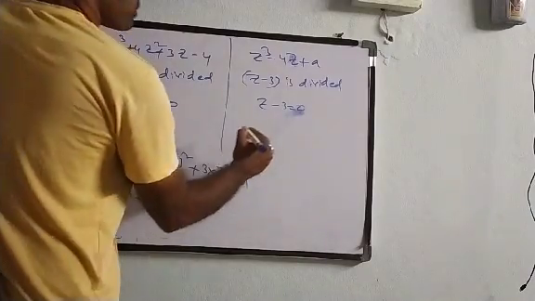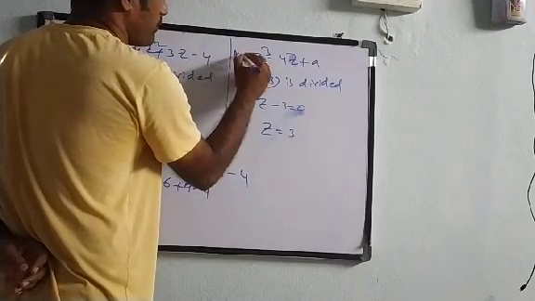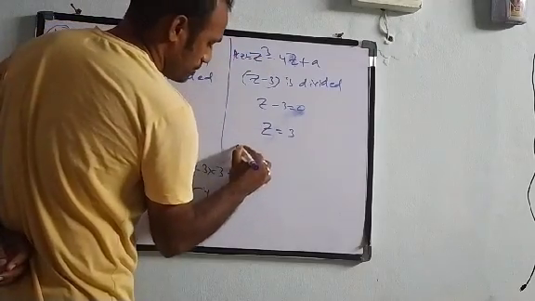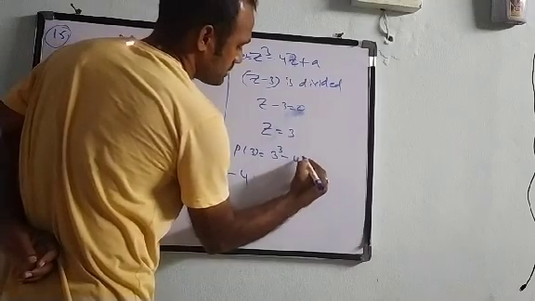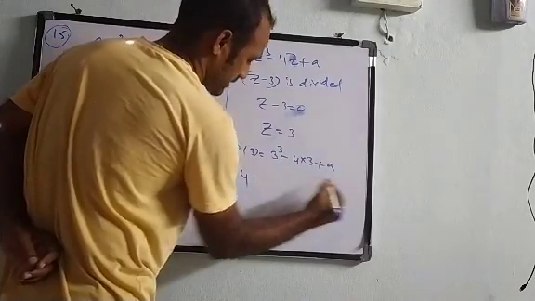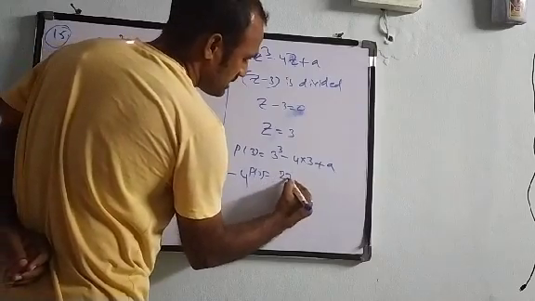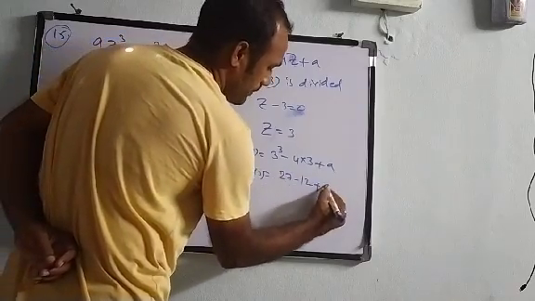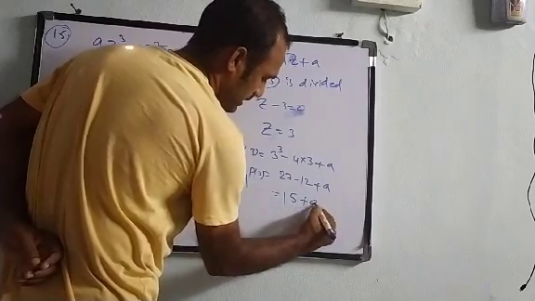So z is equal to 3. So let me substitute in this polynomial P of z. So P of 3 is equal to 3 cube minus 4 into 3 plus a. So P of 3 is equal to 27 minus 12 plus a. So that is 15 plus a.